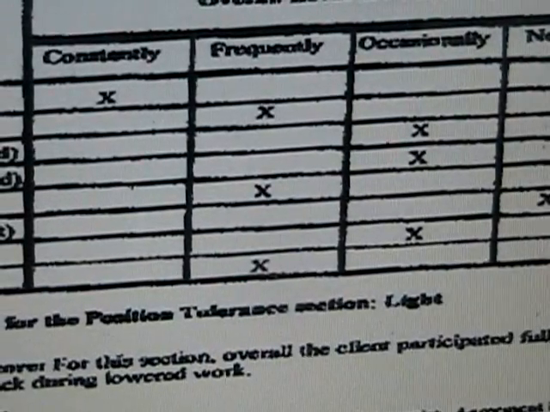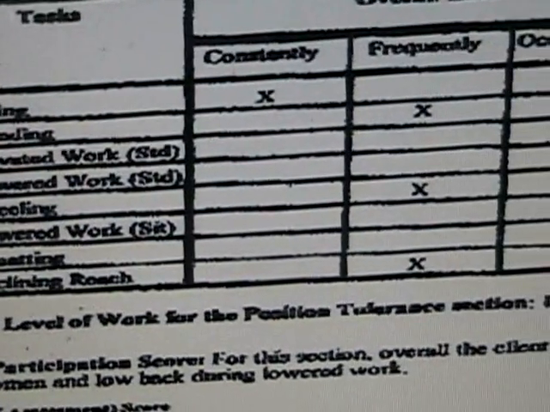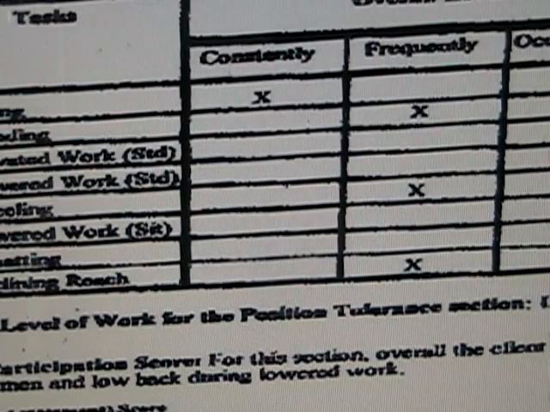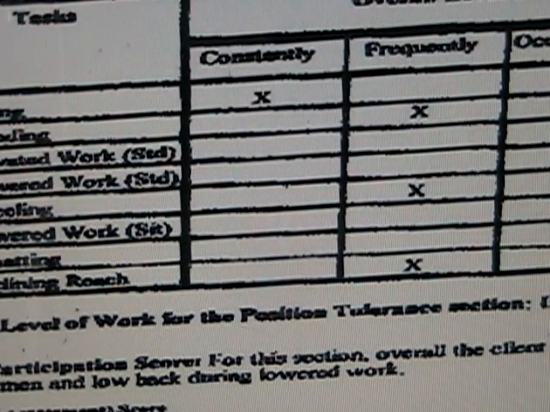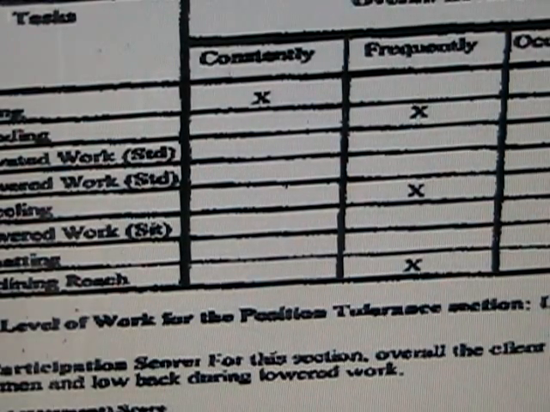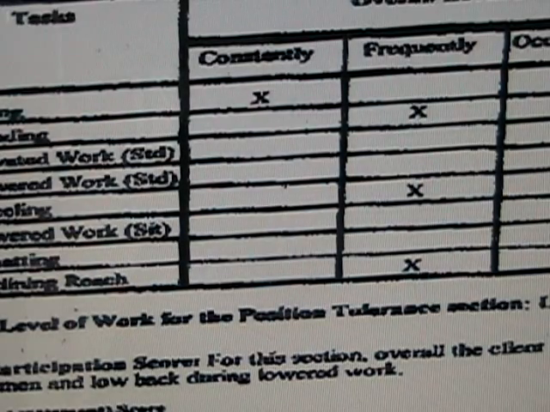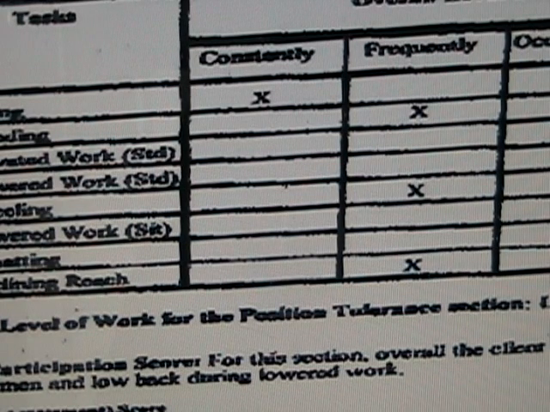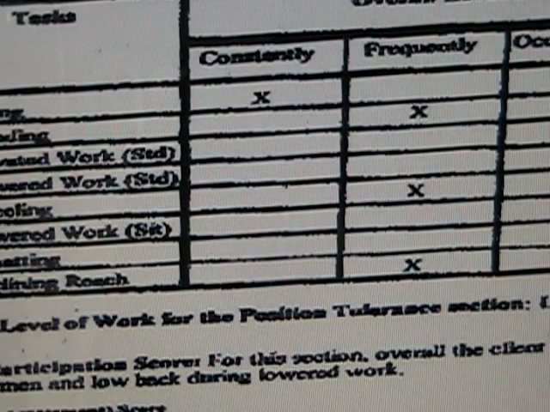Now, here's from CareTrack. Look, I can sit constantly. I can stand frequently. I can kneel frequently. And I can recline frequently. Occasionally, elevated work, standing. Lowered work, standing. Lowered work, sitting. Never. Squatting occasionally.